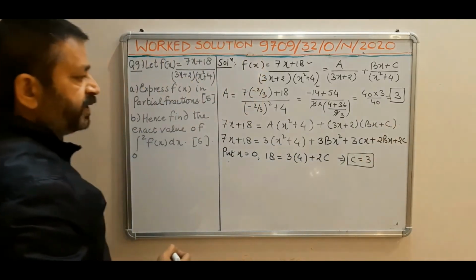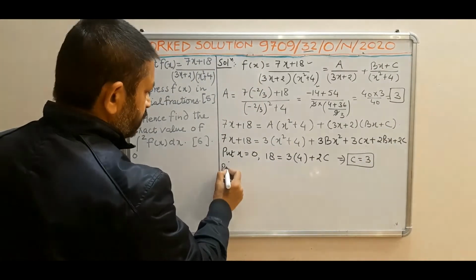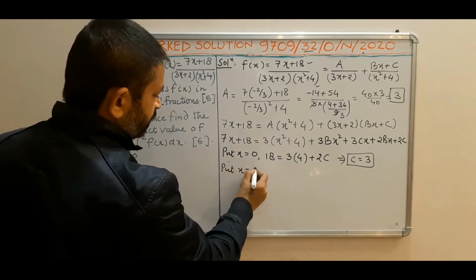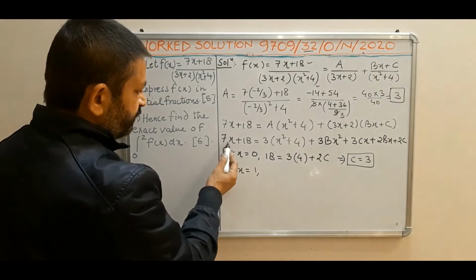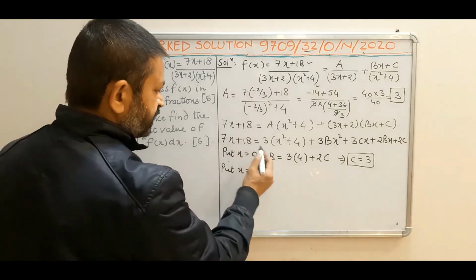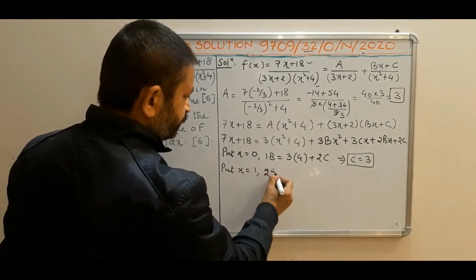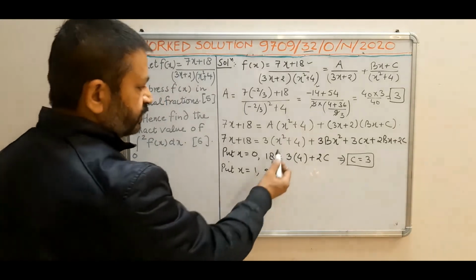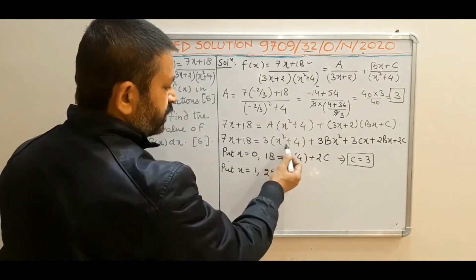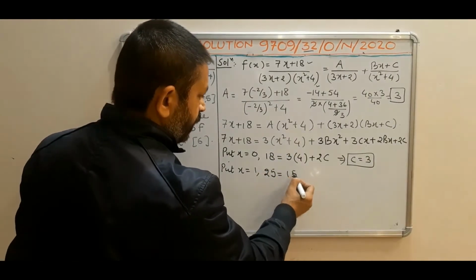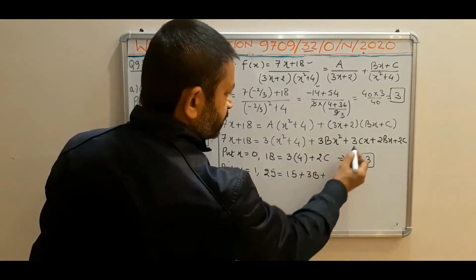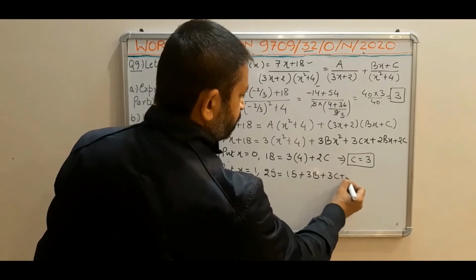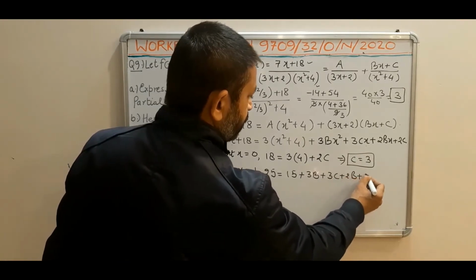Now what is left? B. To find B, put any other value, say x equals 1 in this expression. It will become 7 plus 18, that is 25, equals 3 into 5, 15, plus 3B plus 3C plus 2B plus 2C.